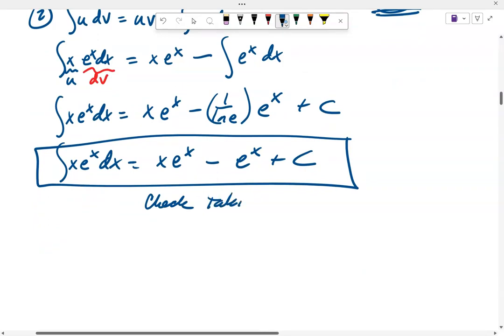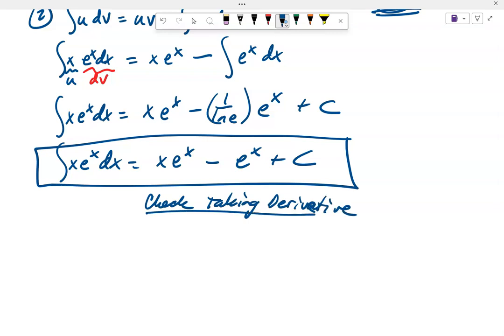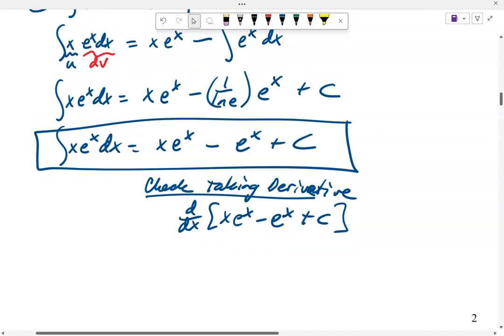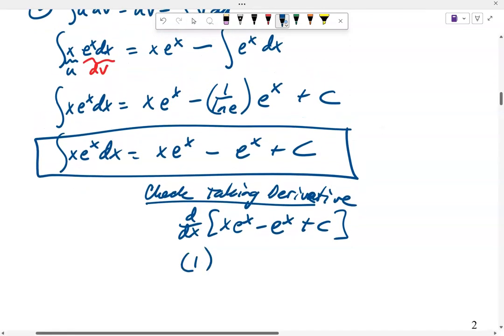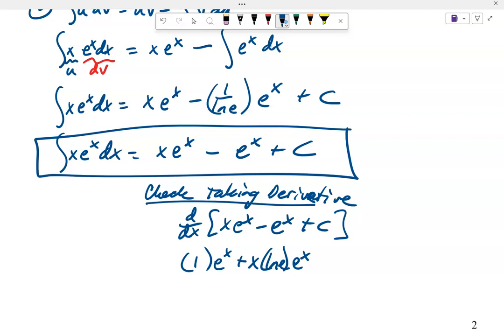by taking the derivative. Right, if we took the derivative of x e to the x minus e to the x plus c, we would get derivative of the first, derivative of x is 1, derivative of the first times the second plus the first, derivative of the second, minus derivative of e to the x is ln of e to the x, derivative of c is 0.